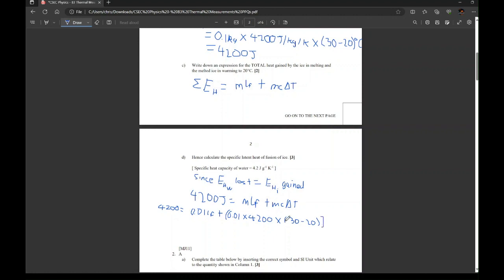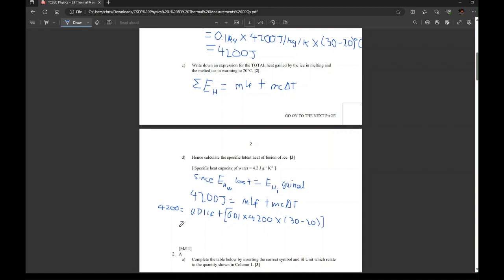Actually, I should put these brackets to be accurate. Let's just fix this. Okay. So again, we're using the 0.01 because this is the mass of the ice, right? So we want the energy gained by the ice. We don't want the energy gained by the water again, because that would of course be wrong.